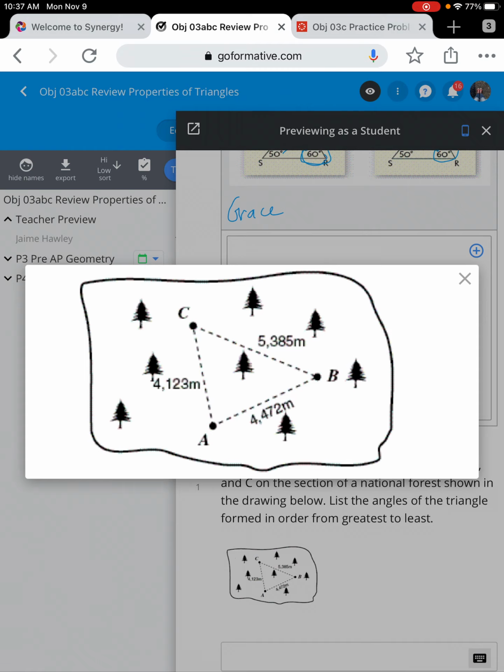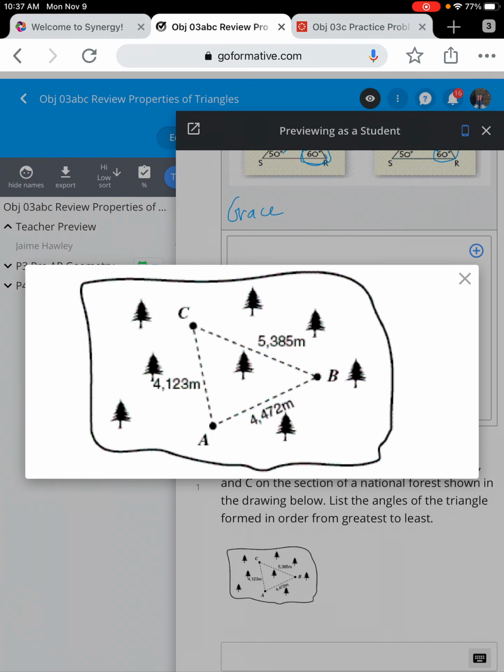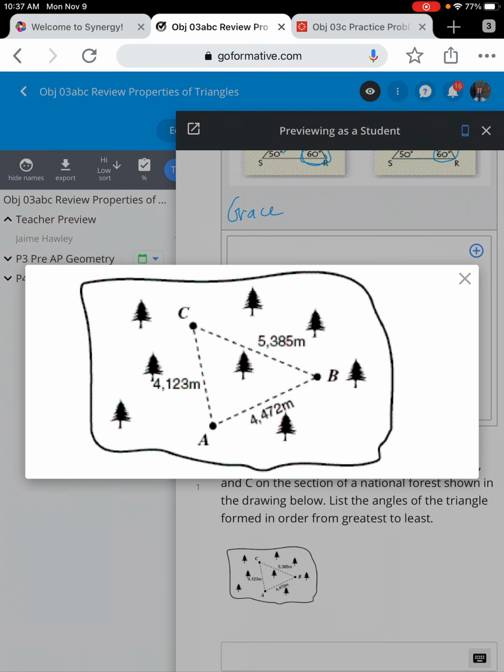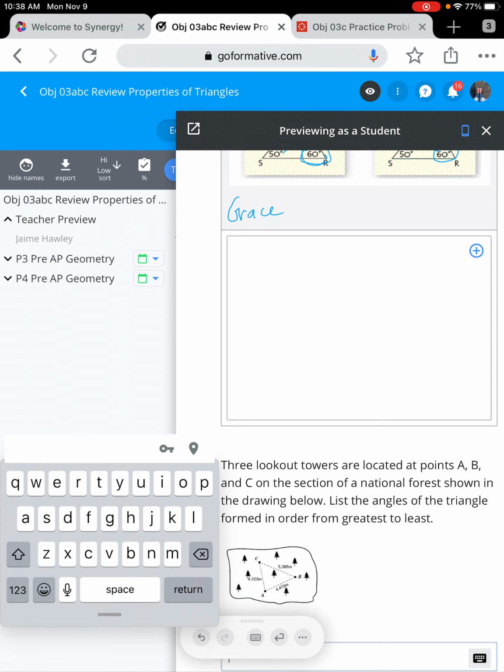The greatest side is the 5,385, so the largest angle has to be angle A. Then the medium side is going to be AB, so the second largest angle has to be angle C. And the smallest side is AC here, which is opposite angle B. So it's going to be angle B, then angle C, then angle A.